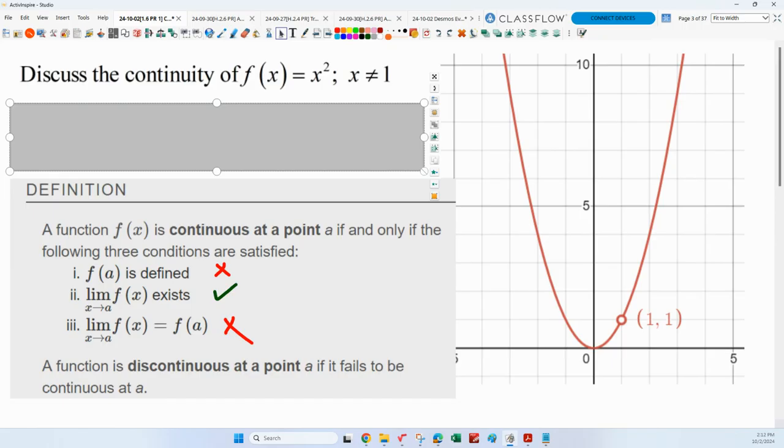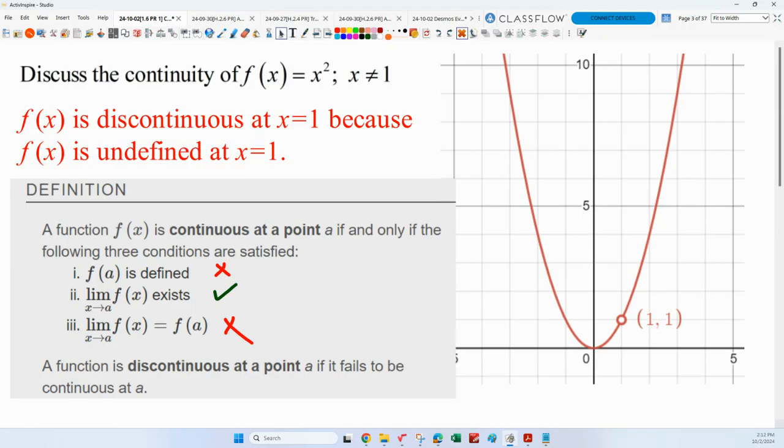Does that match with our informal definition? Yeah, right, it does. Because if I were going to graph this thing on the board, I would have to pick my pen off the board to skip that one point that constitutes the hole, right? Everybody see that? Okay, give me thumbs. How are we doing? Okay.